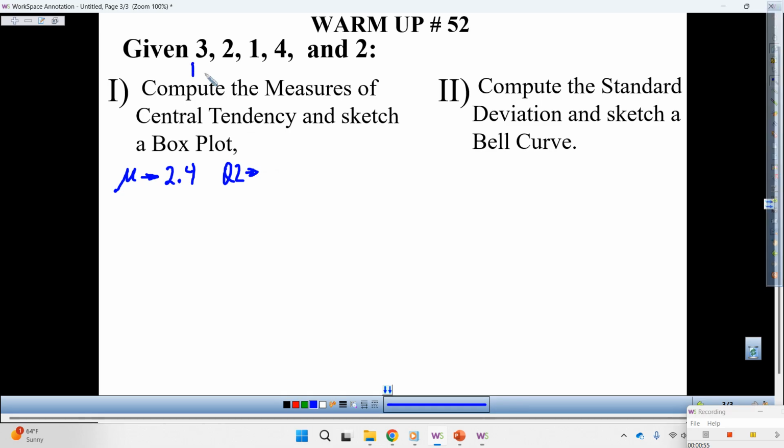Okay, let me look at this. 1, 2, 3, 2 twos, 2, 3, and 4. By looking at it, what is the median? 2. And all we need is the mode. 2. So I need Q1. I already have Q2, which is 2, for my box plot.